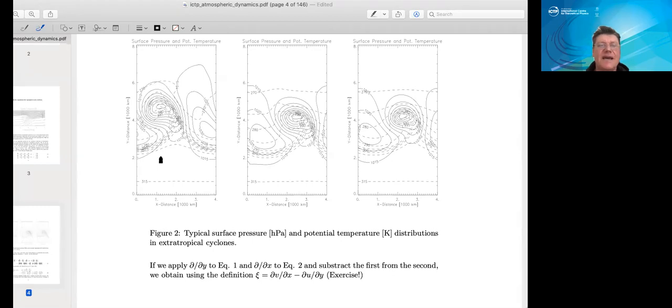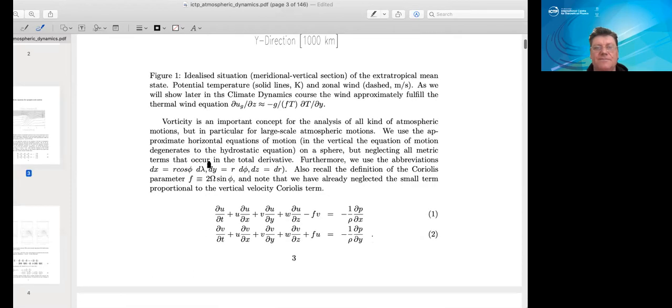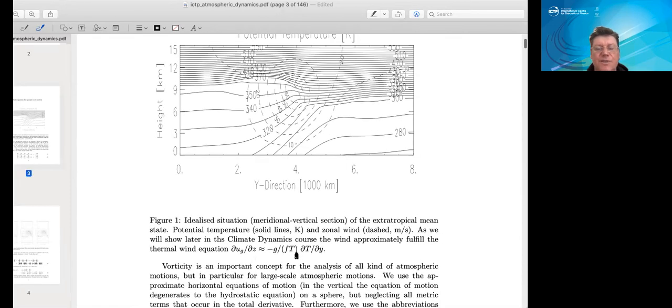And so this is exactly the mechanism that makes these systems grow, which is this baroclinic instability, which is always present if we have the situation with a meridional temperature gradient, which is always balanced by this vertical wind shear.